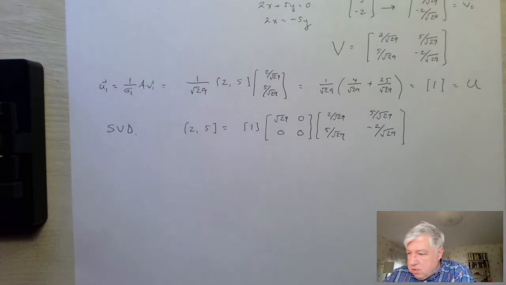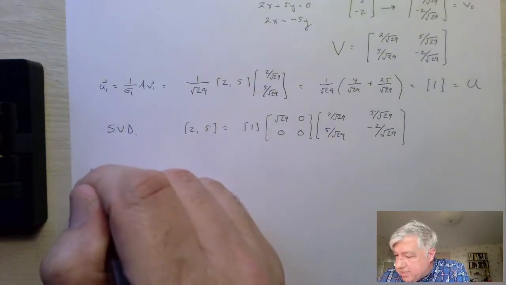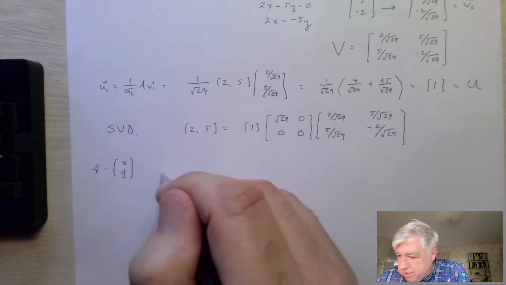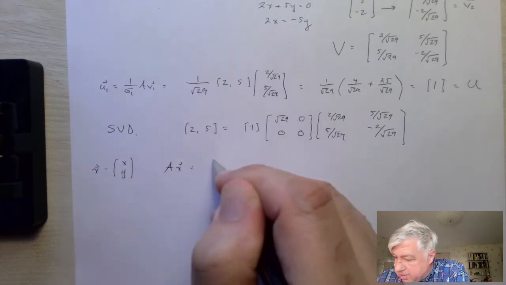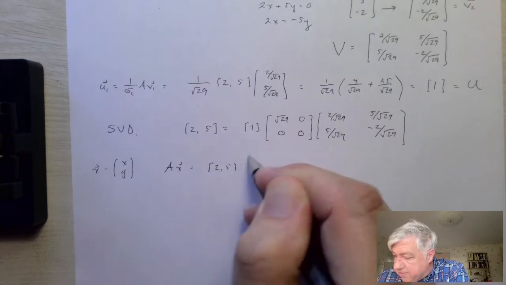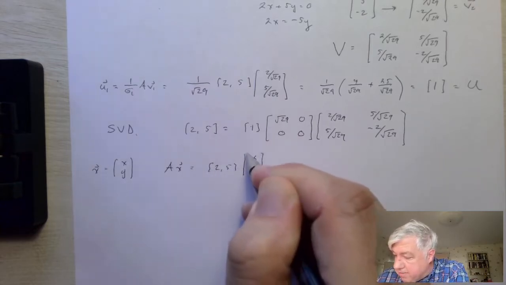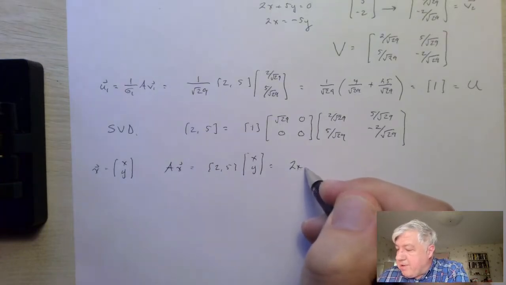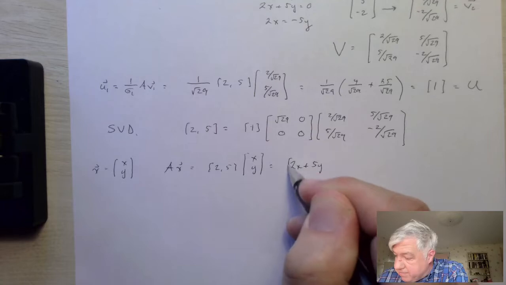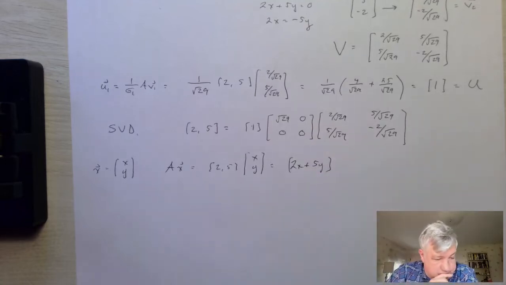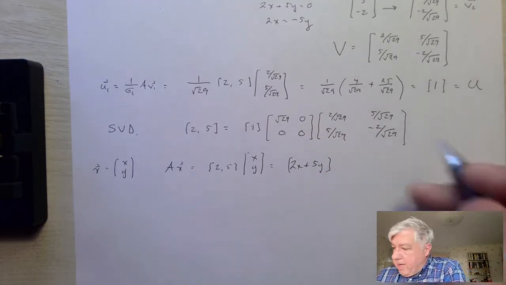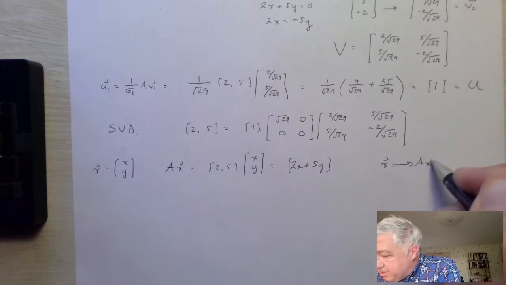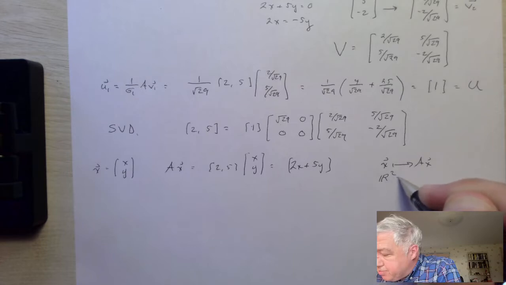And then if we wanted to look at x, let's say x was just (x, y), we wanted to compute what Ax was. This was 2, 5 times (x, y), and this will just be a 1-by-1 matrix where the single entry is 2x plus 5y. Because what's going on here is the map that takes x to Ax is really just a map from R2 to R1.